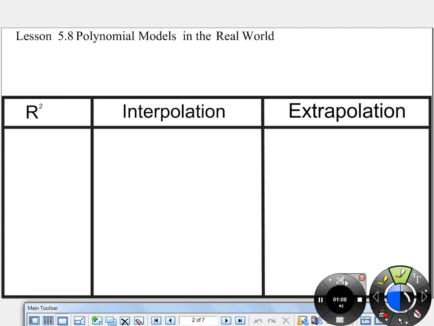So we're going to go ahead and run some data. While we're doing that, remember what we've done with our data in the past is that we have used it to predict things. Our predictions fall into one of two categories, the words that you see up here, interpolation or extrapolation. So interpolation is making predictions within the data.